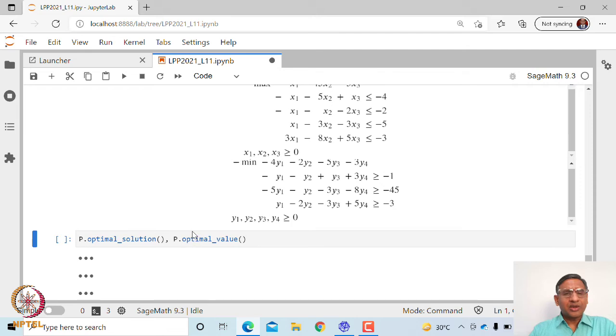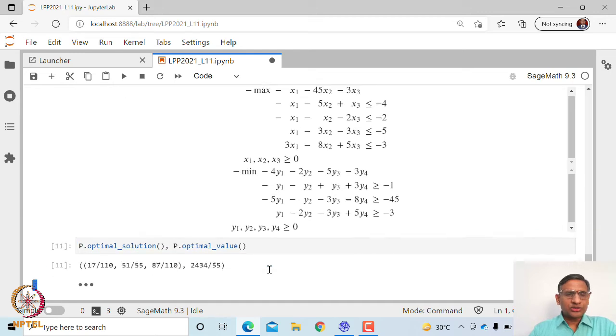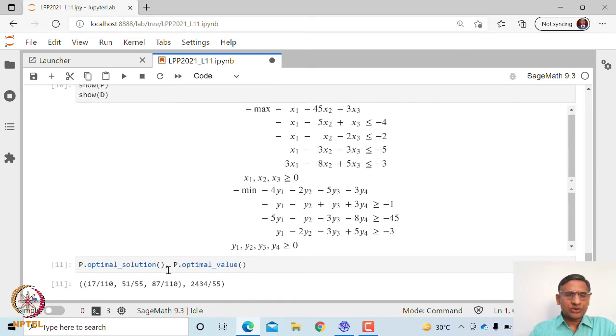Now let us look at the solutions of the primal and the dual. If I look at the solution of the primal problem, x1 is equal to 17 by 110, x2 is equal to 51 by 55, x3 is equal to 87 by 110, and the optimal value is 2434 divided by 55. Okay, this is the solution for the primal problem.